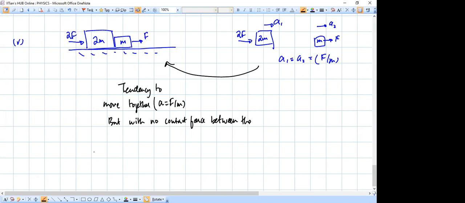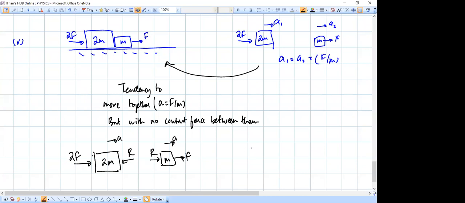Because if you make their individual free body diagrams and assume some contact force also, you will see that that contact force will come out to be zero. If you assume there is some reaction force and you write the equations, you will see that the values of the external forces are such that that reaction force is zero.